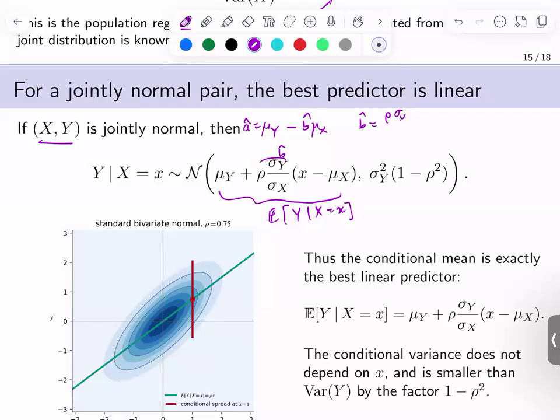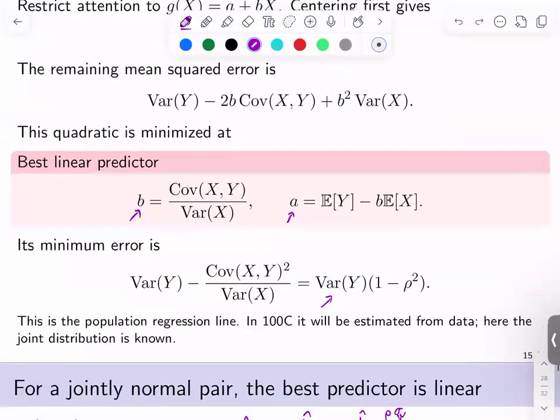Yeah, it's actually correct. So you can write it in terms of rho. This thing you can also write as rho sigma x squared sigma y squared.